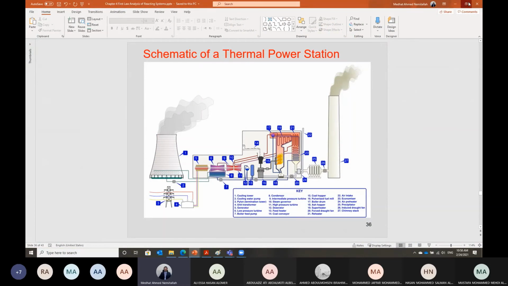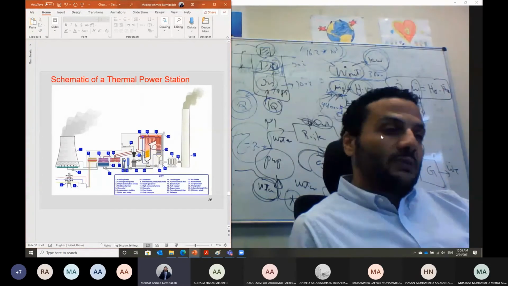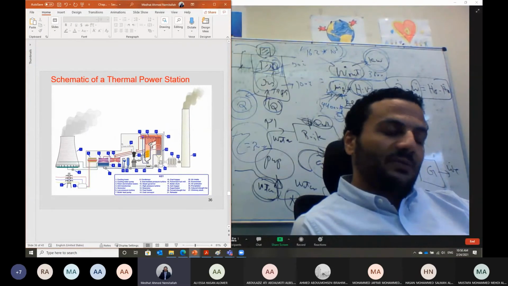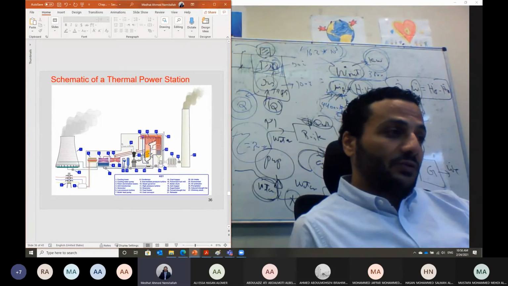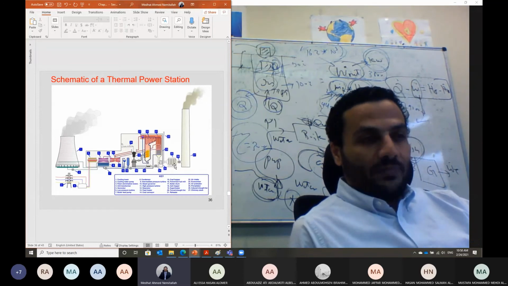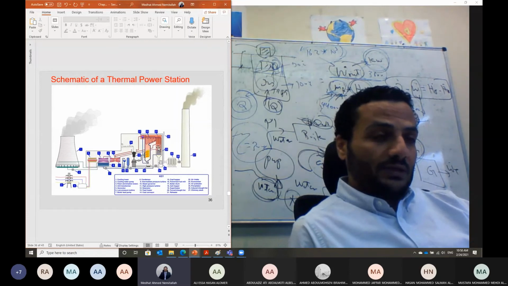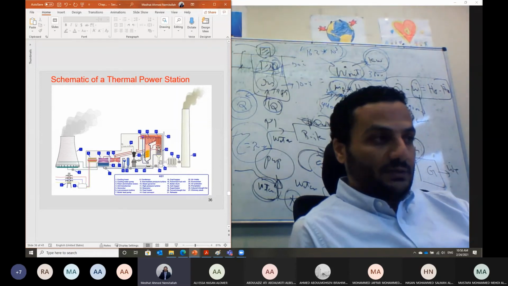But usually, as I told you, the efficiency here is about 30%. And that's why in any steam power plant right now, you will find there is a combination. They use a steam cycle plant, a steam turbine, in addition to the gas turbine. So the gas turbine is usually used in a combined cycle, that means we have a steam turbine and a gas turbine.